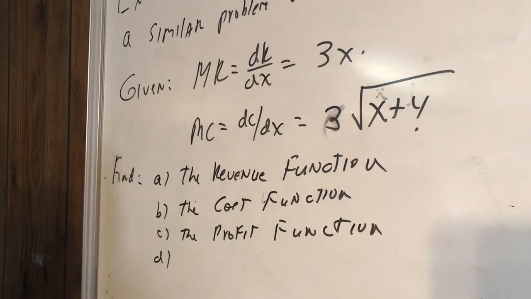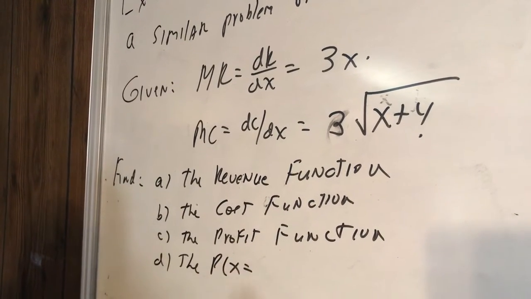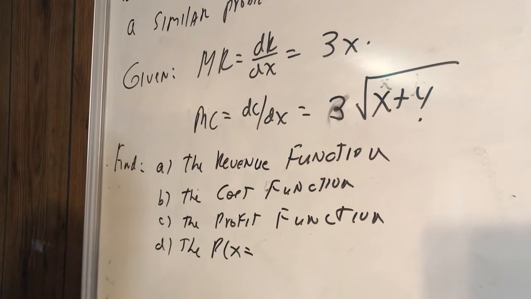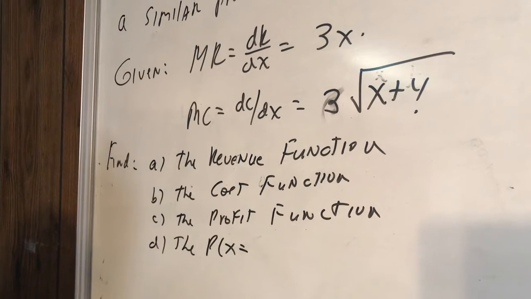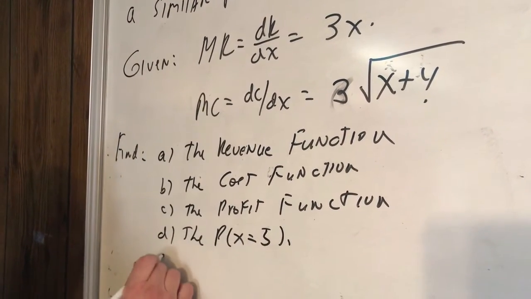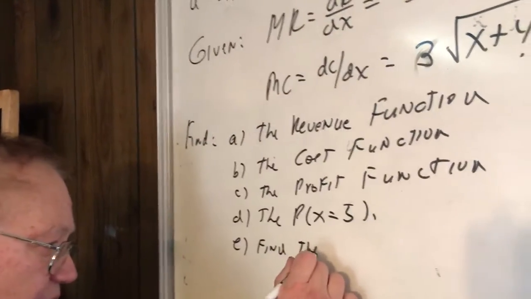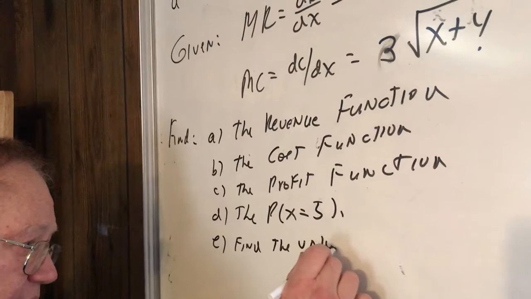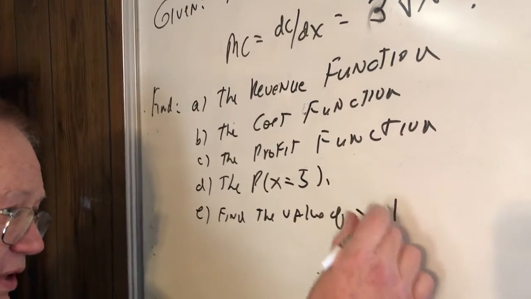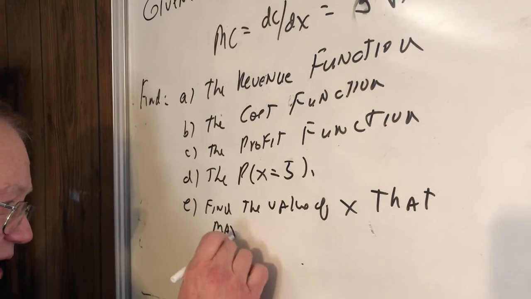D, find the profit when x equals 5. And E, find the value of x that maximizes the profit.